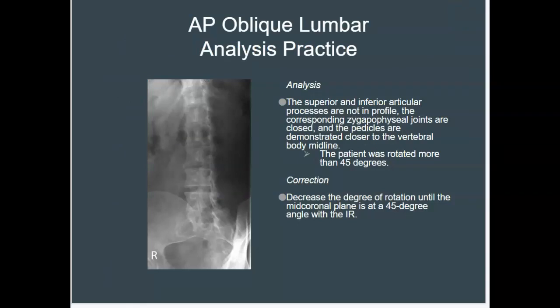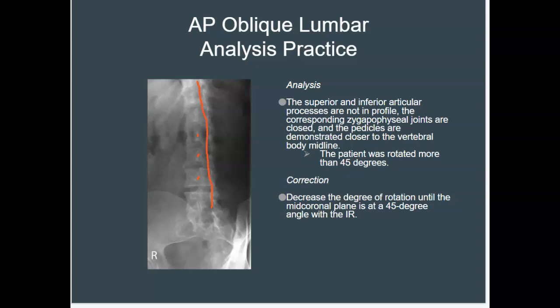So let's review this practice analysis of the lumbar spine. In looking over this projection, you can see that the pedicles in this projection are demonstrated. Here they are. I'm just going to put a little dot here, a little dot where the pedicles are. They're demonstrated again more to the midline of the vertebral body rather than the lateral portion.